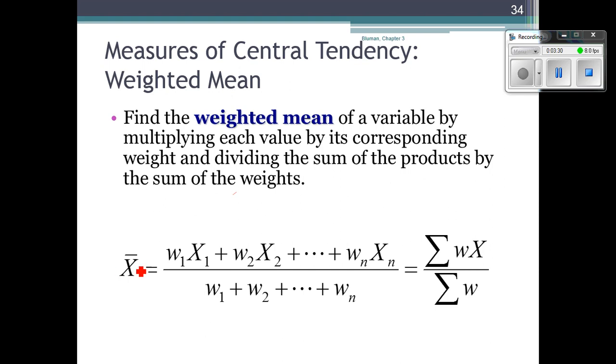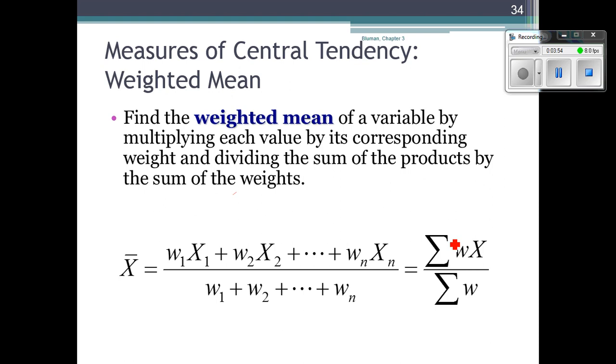So we've got our x bar, which is our mean, and you'll take whatever your first value is, that's x sub 1, and multiply it by whatever its weight is, or frequency. You will do that then for x sub 2, the second value, times its weight, and you will do that for all the values, and then you will add them up.